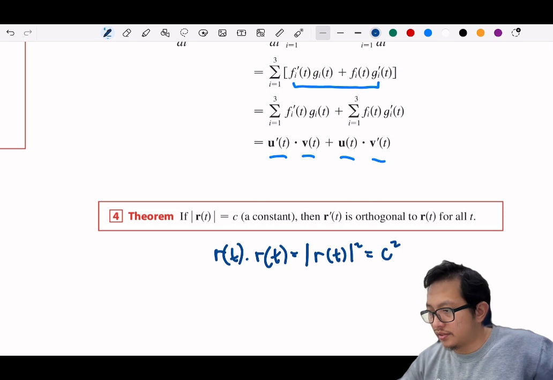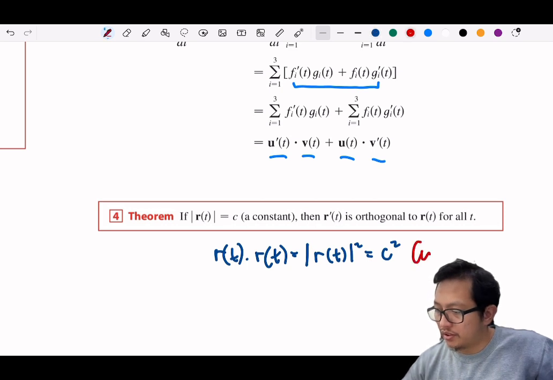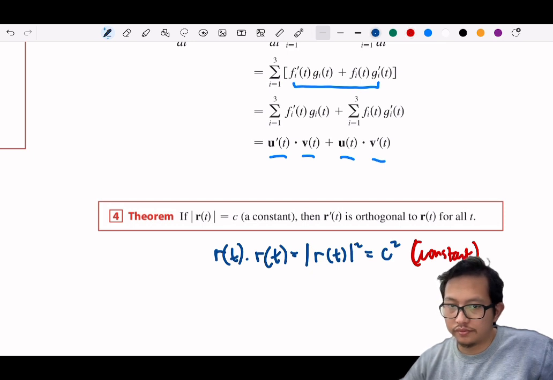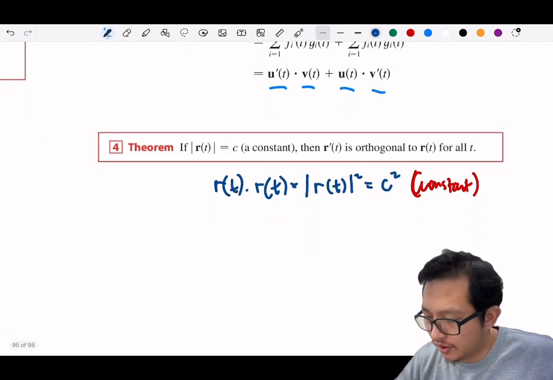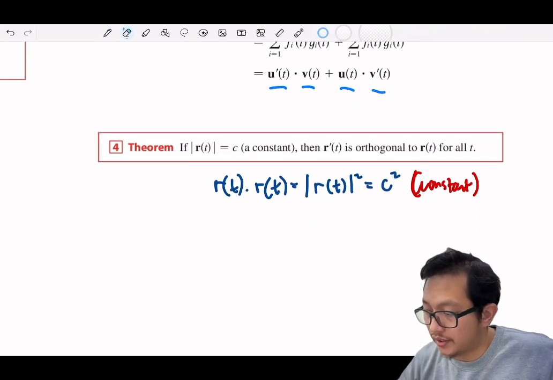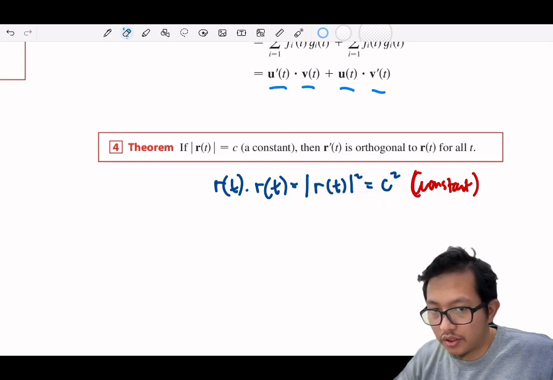So this is a constant. Right here, this is constant. So by the dot product, if this is orthogonal, we have 0 for the dot product.